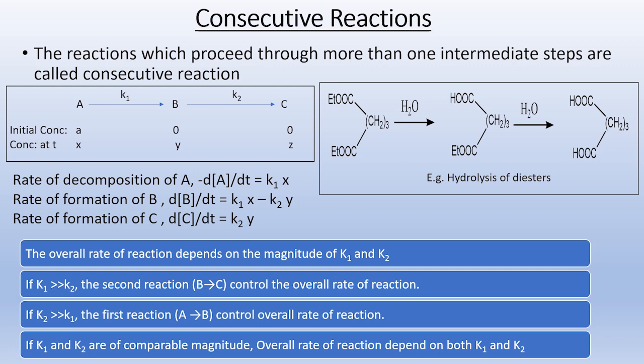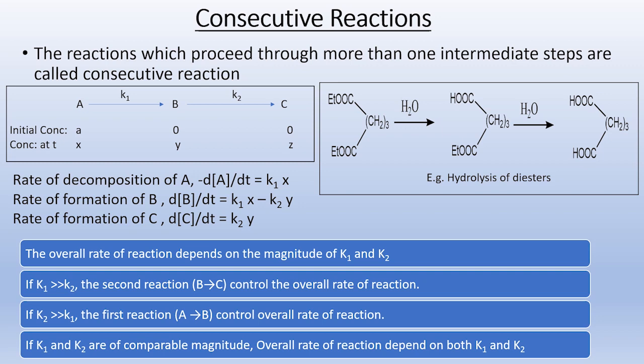That means the first step is very fast and the second step is slow. So in such a case, the second reaction controls the overall rate of reaction. We know when we have multiple steps, the rate determining step will be the slowest step. The slowest step will determine the rate of reaction.